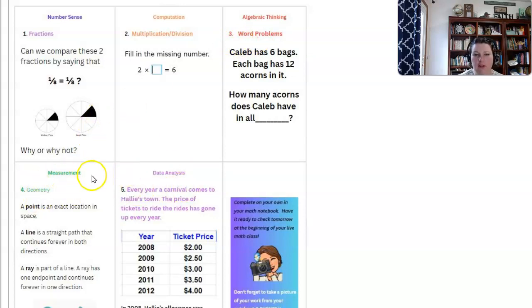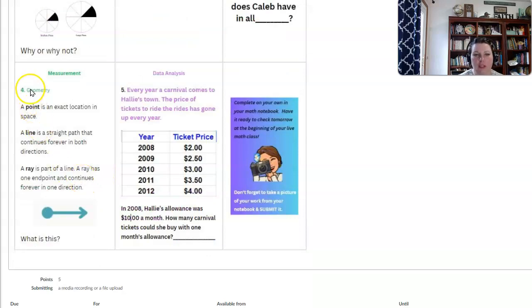This week in the measurement category, geometry, and data analysis will be a chart about carnival ticket price and how those prices have increased each year.